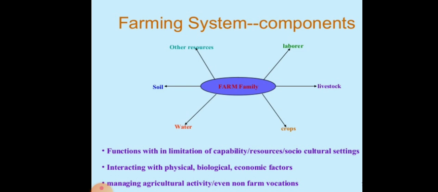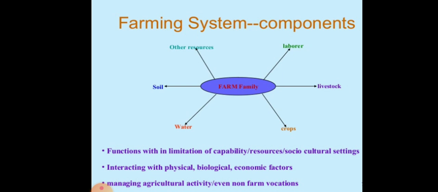So here are the farming system components. First, we have the soil. In the next chapter that we will be dealing with, the improvement of the soil is one factor that is needed in producing crops. So you need to improve your soil by supplying nutrients, by conducting soil analysis for you to know what to supply in the soil. And then water, okay?